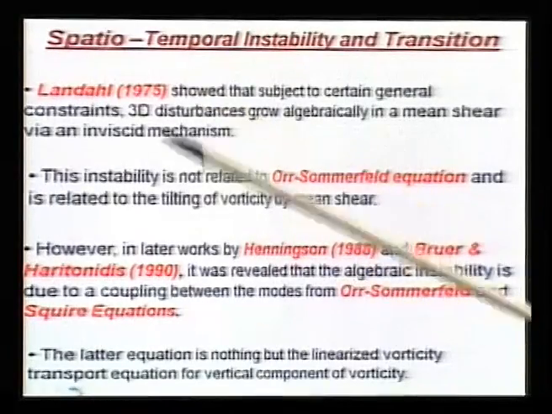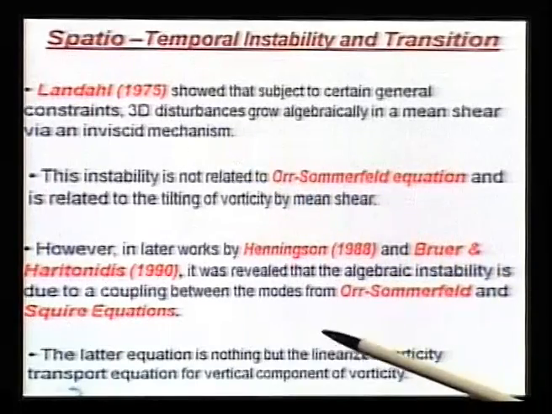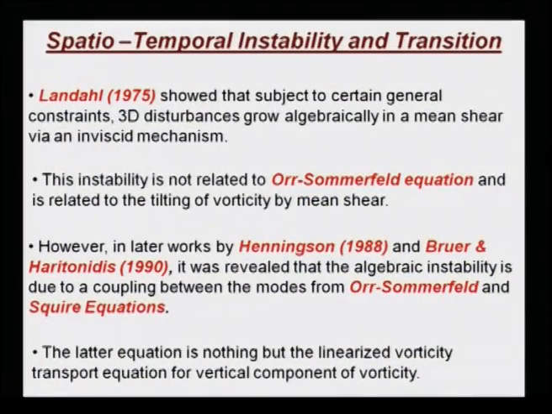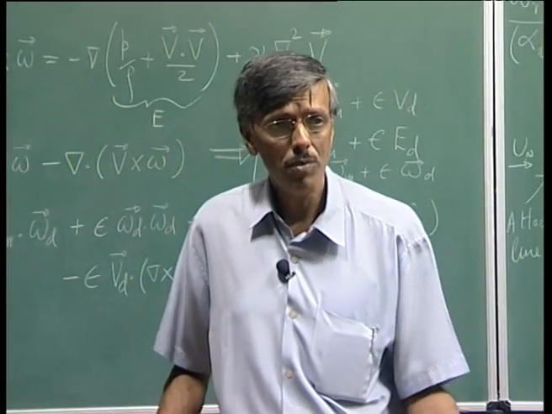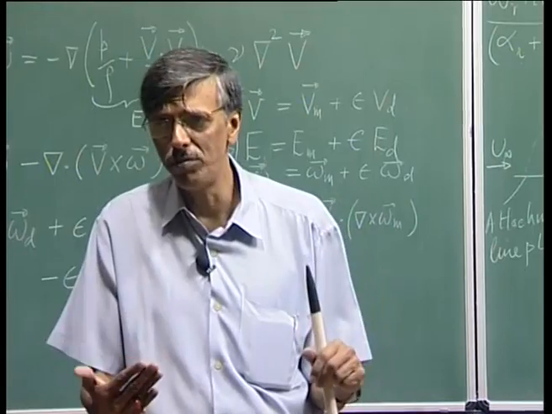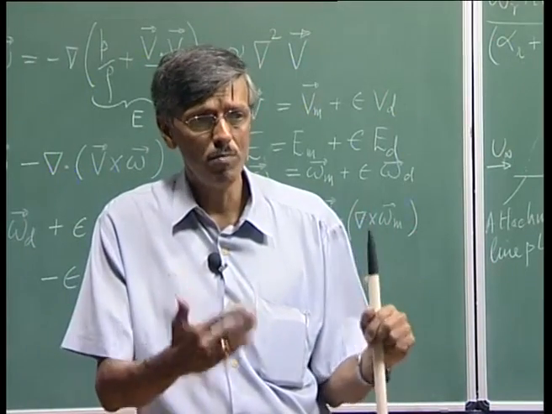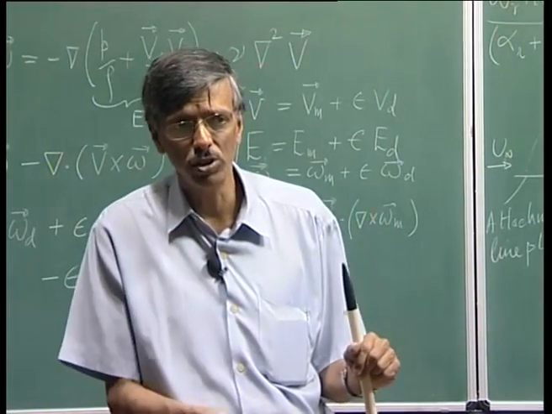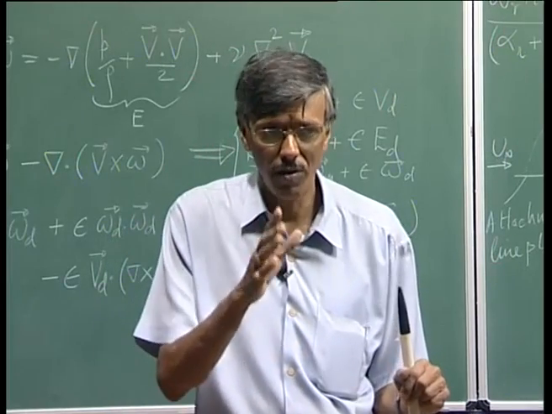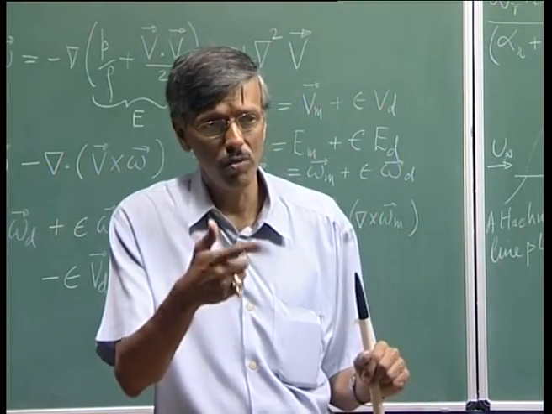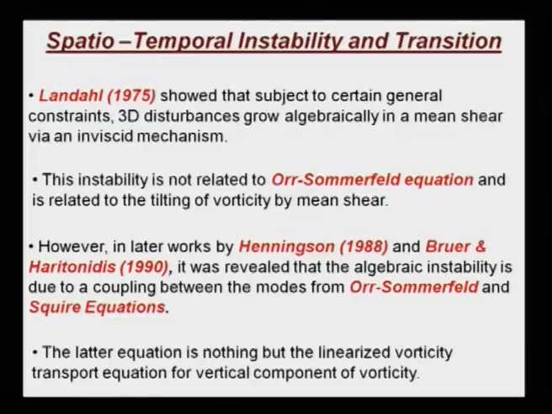Gustavsson, probably from the same school, as well as Boberg and Brosa, revealed that the algebraic instability is possible if you conceive of a coupling of modes between the solutions obtained via solution of the Orr-Sommerfeld equation and a Squire equation.